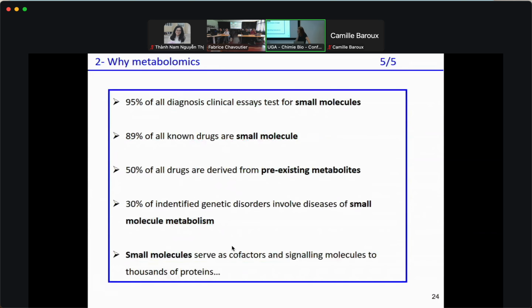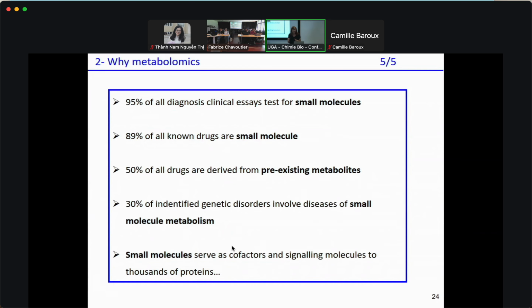This slide shows you how important small molecules are, because 95% of clinical diagnostic assays test for small molecules. All known drugs are small molecules, and 50% of drugs are derived from pre-existing metabolites. Small molecules also serve as cofactors and signaling molecules for thousands of proteins.